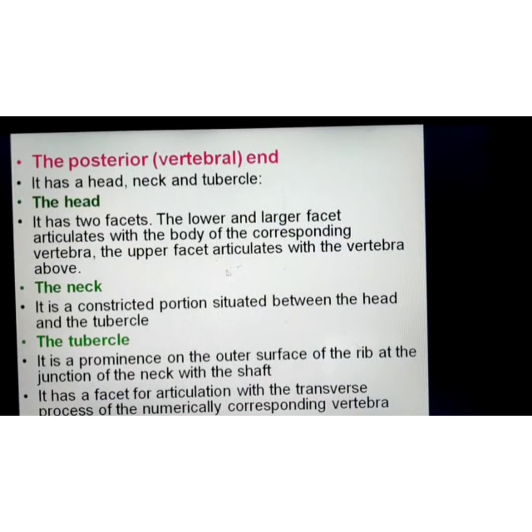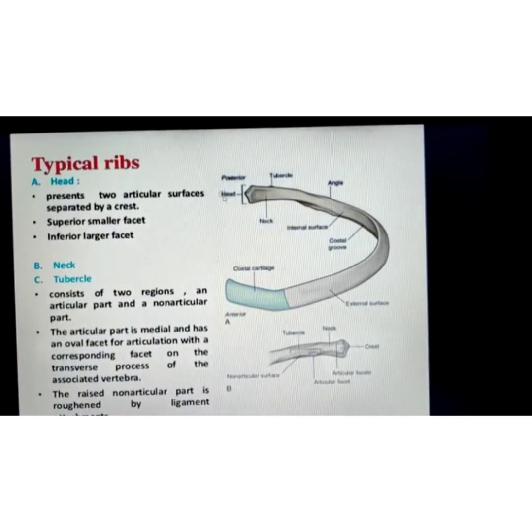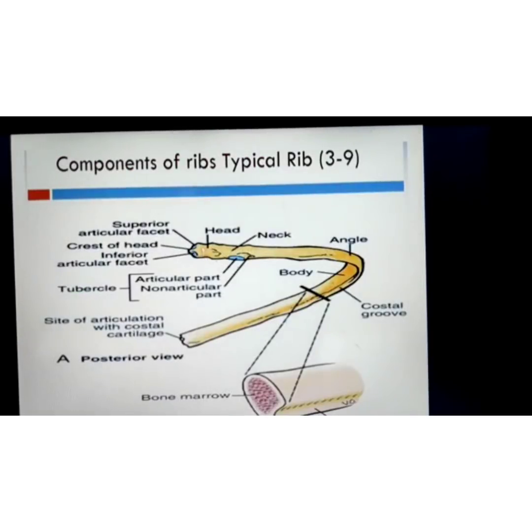So these are the parts of a typical rib in the posterior end. The posterior end of the typical rib has the head, which has two facets, the superior articular facet and the inferior articular facet, and a constricted part known as the neck, and the tubercle, which is present on the outer surface of the typical rib.